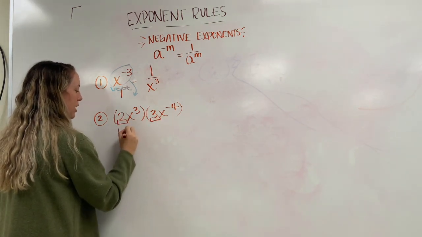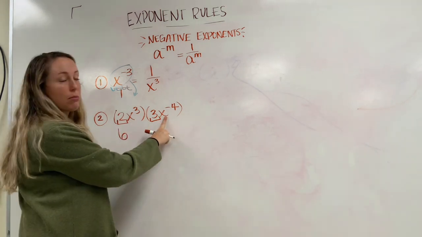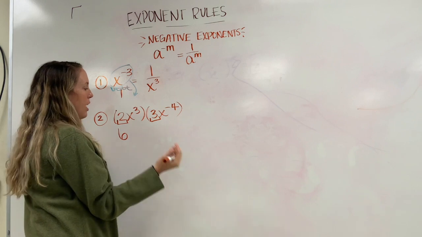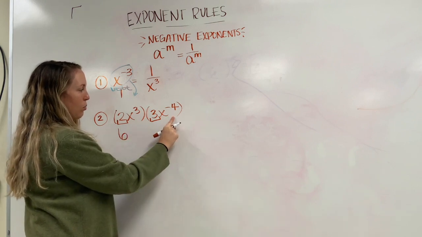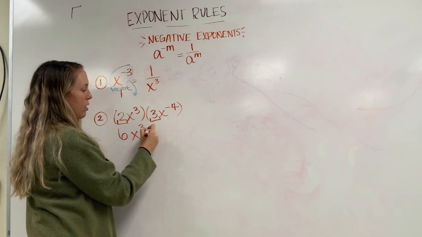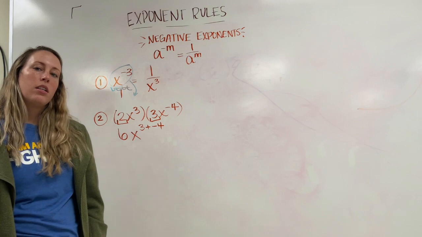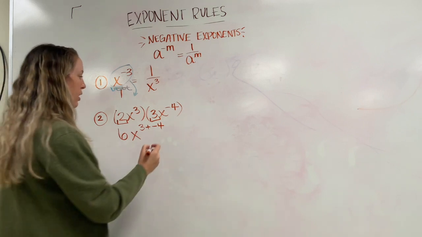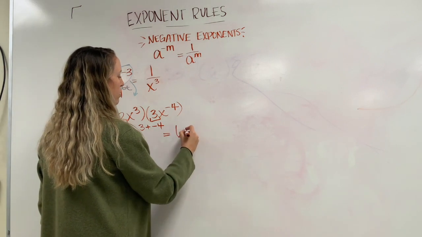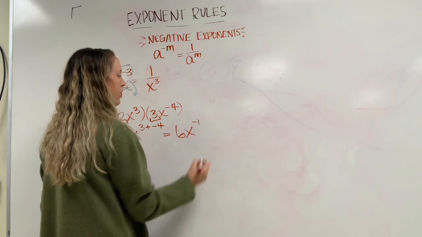That gives us 6. And then I'm multiplying x to the third times x to the negative 4th. Now, whenever we are multiplying, we add exponents. So that's going to be x to the 3 plus negative 4. 3 plus negative 4 equals negative 1. So we have 6x to the negative 1.